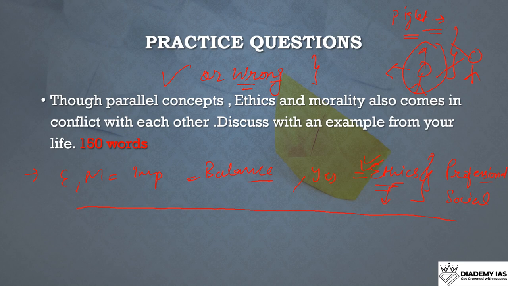And sometimes when balance cannot be maintained, depending on the professional and social situation, we should choose ethics, but not always, because sometimes, as an example, sati, even ethics are not right. Then morality comes into play. So it depends on the situation, on space and time where we are, and according to that we should choose.